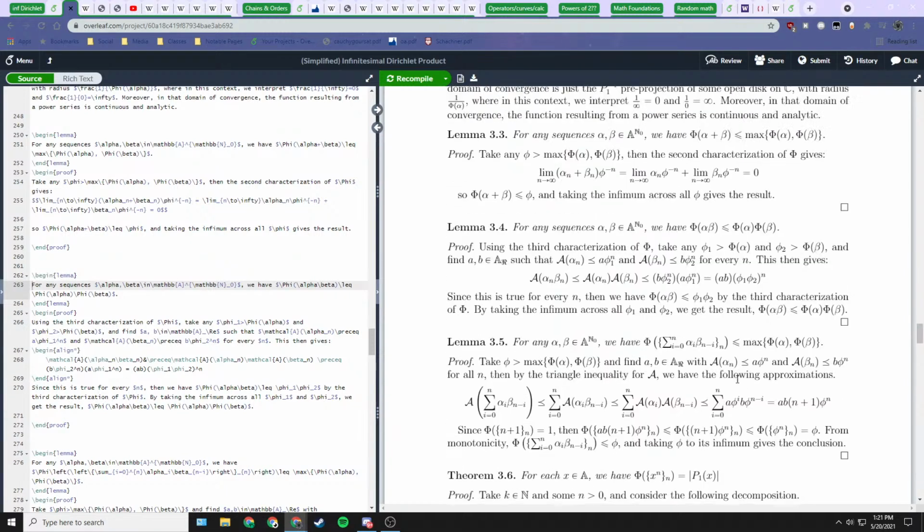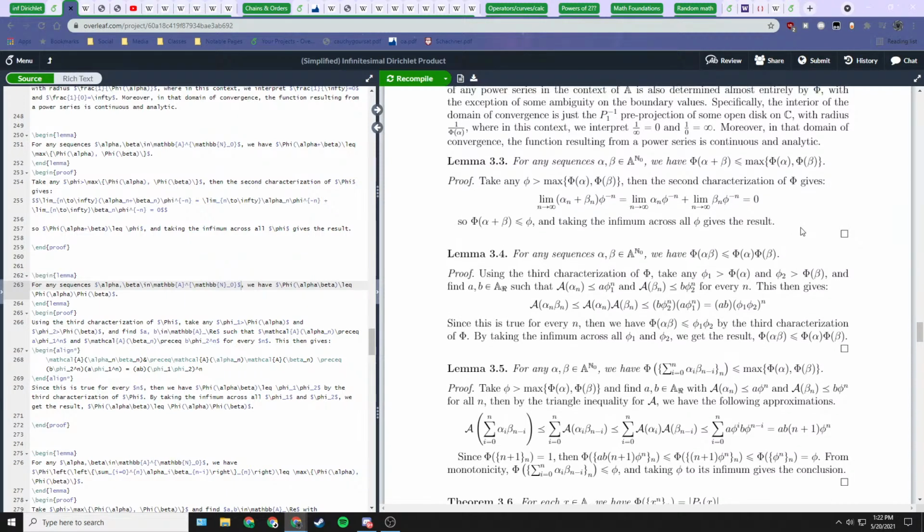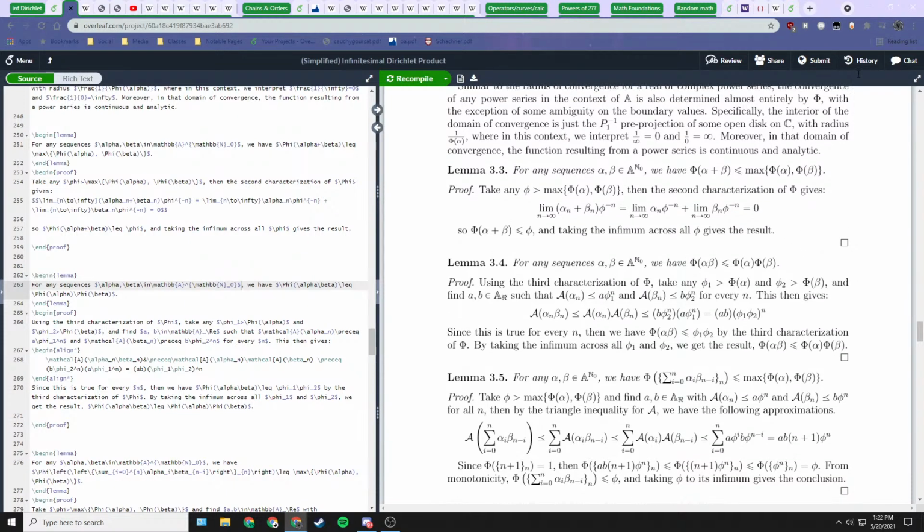There's just an ambiguity in terms of this here. I think actually we'll just restrict both of these phi values to be finite. If both of them are finite, then this works. I think it also works if they're infinite. But yeah, it's right here, I think.